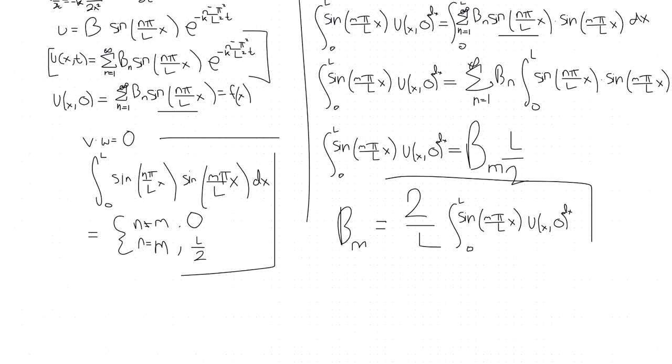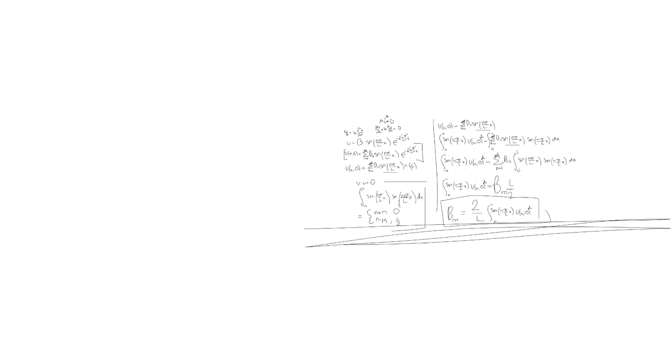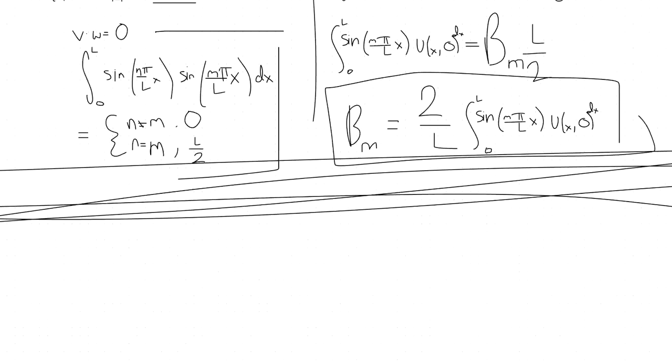And to show an example of this, let's do a problem. Let's say we have a rod, like we've had this whole time, and this time its temperature is not just a sinusoid function, because we know how to solve the heat equation for an initial condition of a sinusoid.